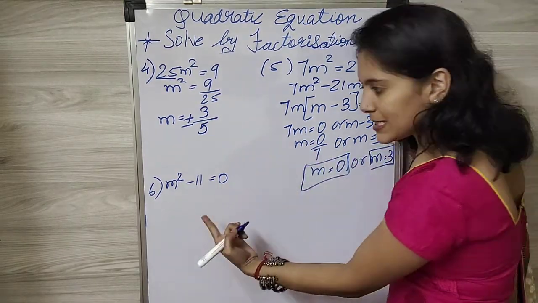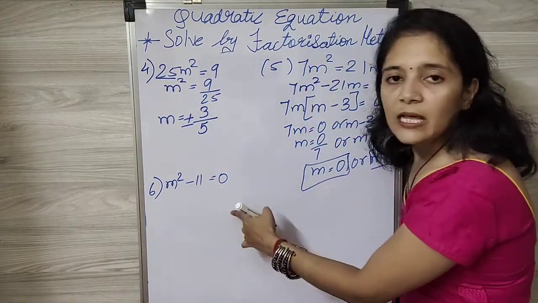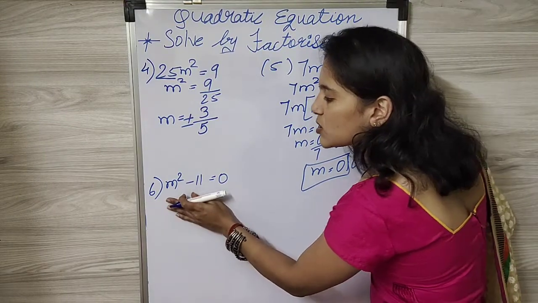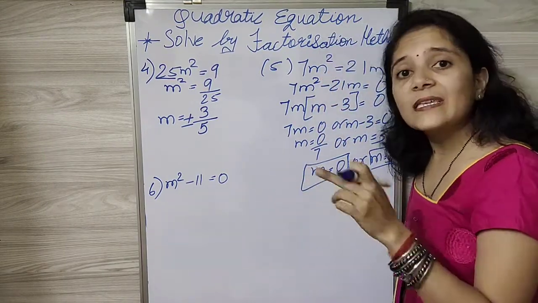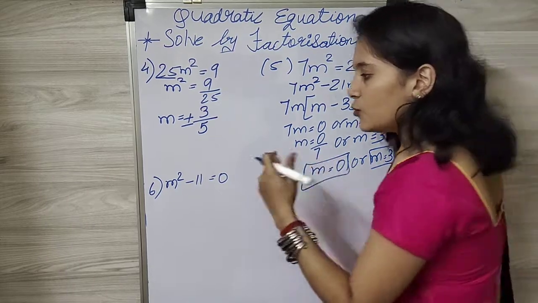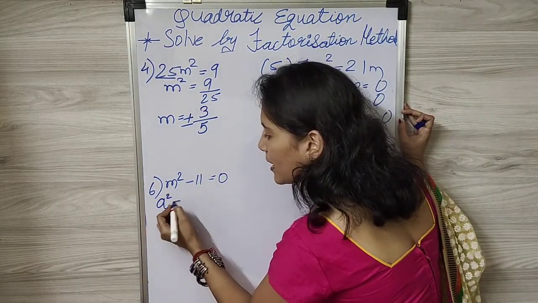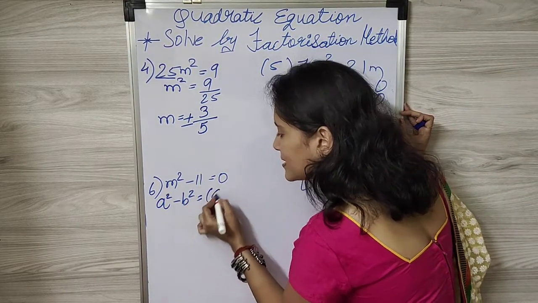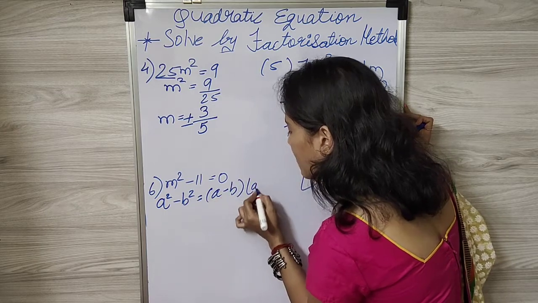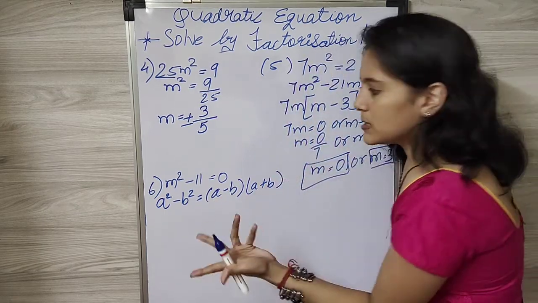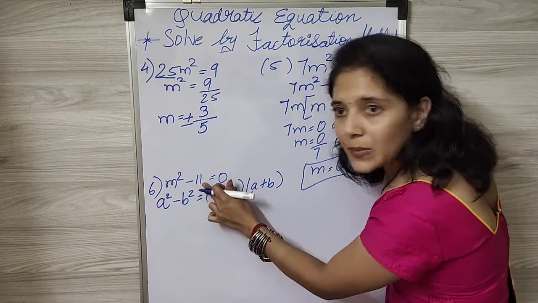Now shifting to the next question. m square minus 11 is equal to 0. See, m square minus 11 is in the form of a square minus b square. Do you remember this formula, a square minus b square? That is a minus b and a plus b. Simple. This is a square and this is b square.